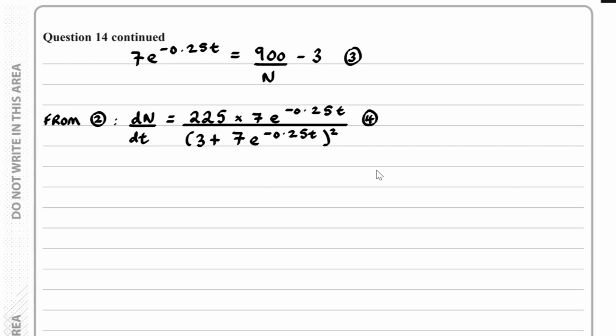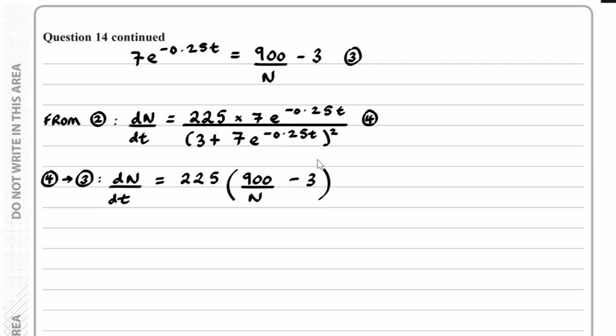And so if I substitute this equation 4 into 3, dn over dt is equal to 225 multiplied by, well, this 7e to the minus 0.25t, that's 900 over n, subtract 3.